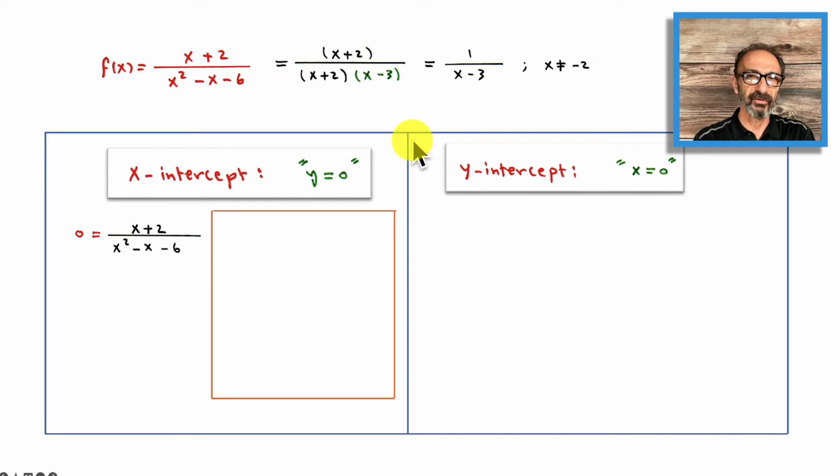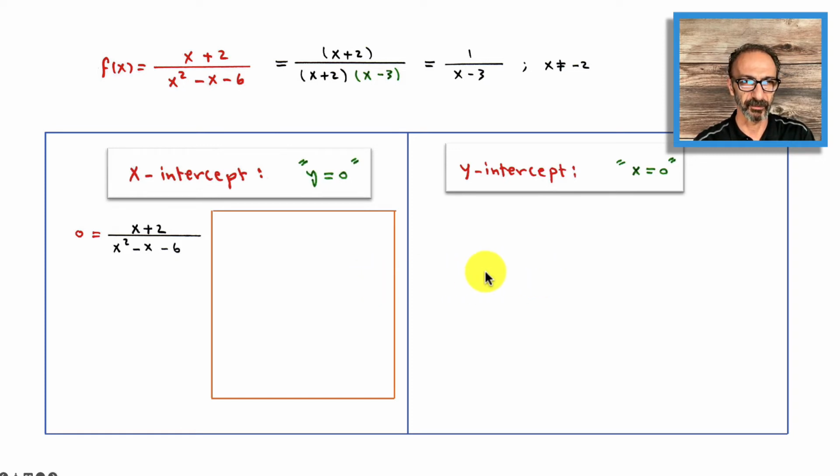To graph the function with more details, we need the x-intercept and the y-intercept. For the x-intercept, usually what we do is plug in y equals 0, because when you cross the x-axis, y equals 0. But if you do it without thinking enough, it might pass by you and you'll end up with a mistake.